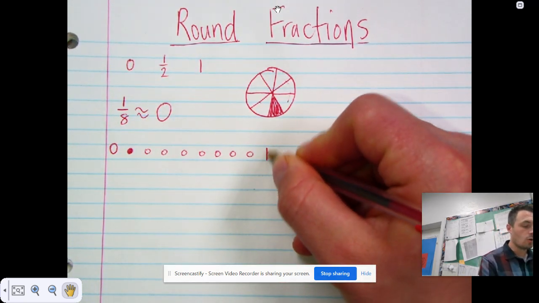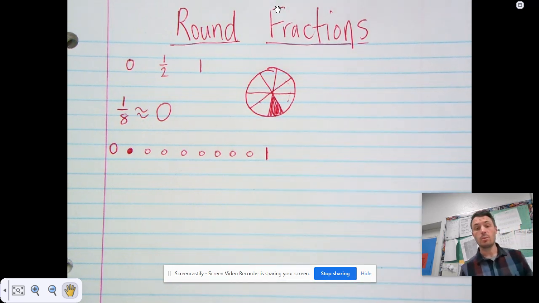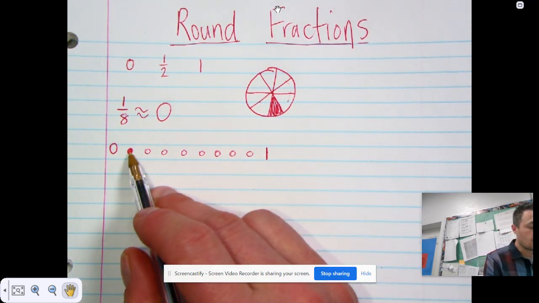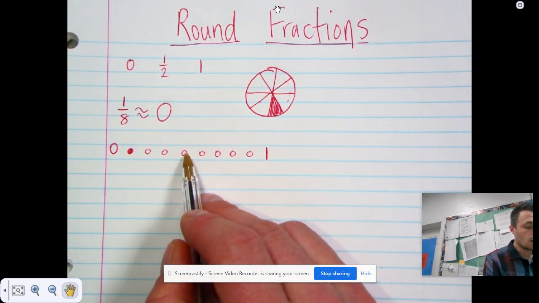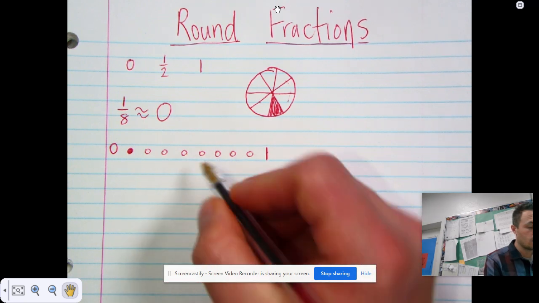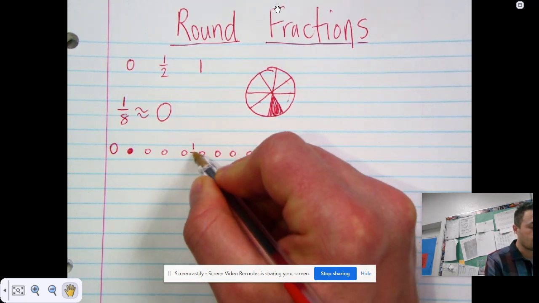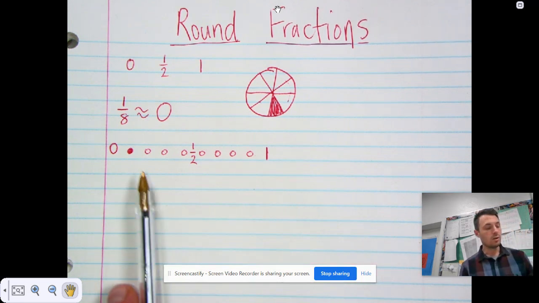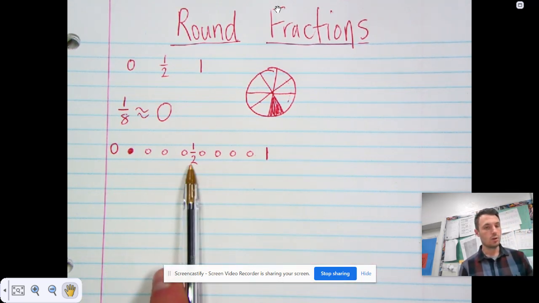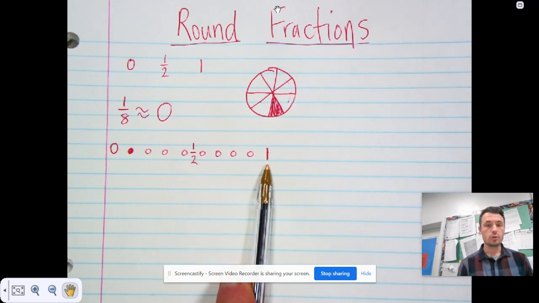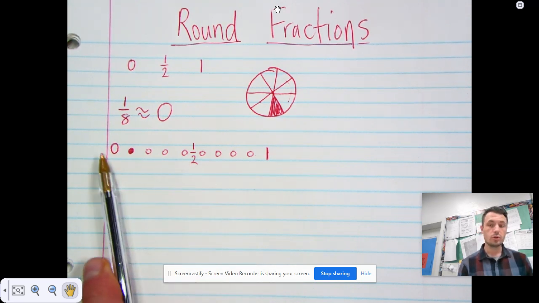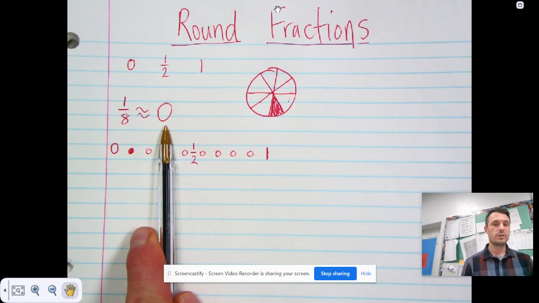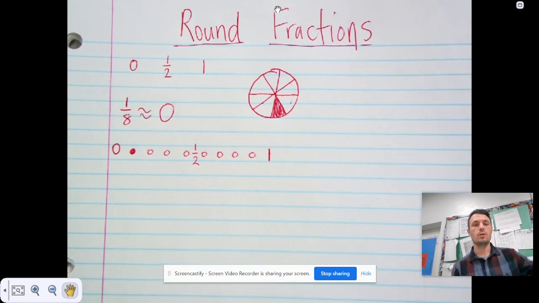Here's 1, or the entire bag of marbles being white. And then we have 1, 2, 3, 4 on this side and 1, 2, 3, 4 on this side. So 1/2 of the marbles being white is right here. Now, are we closer to 0, closer to 1/2, or closer to 1? You can see we're closer to 0. So you put a 0 here. 1/8 is closer to 0.